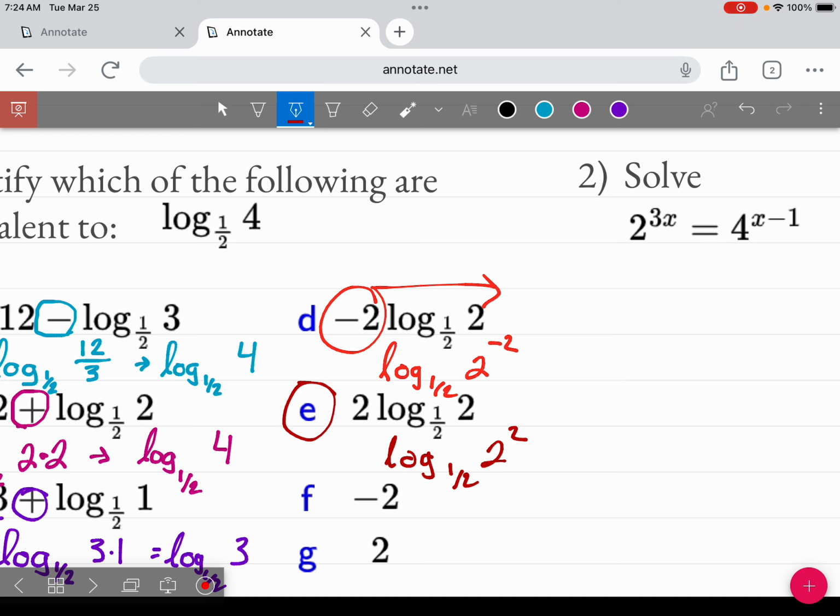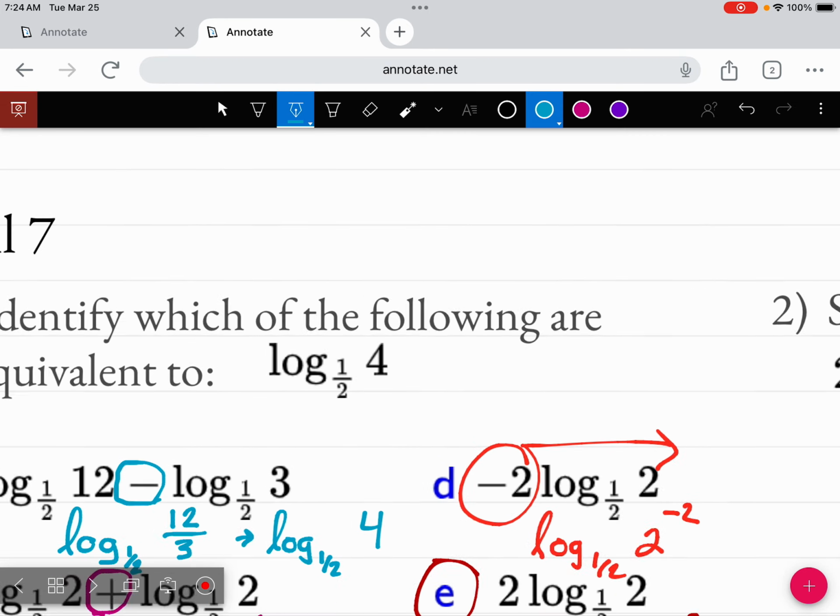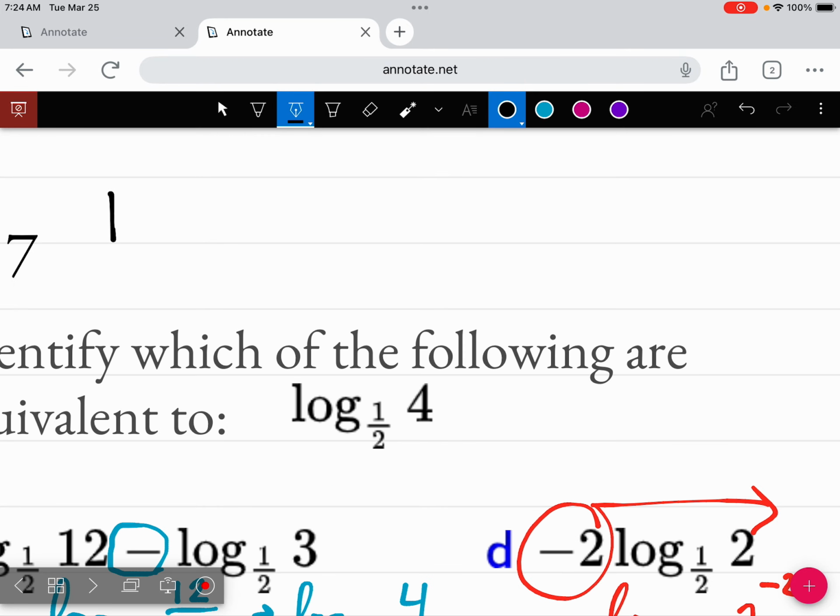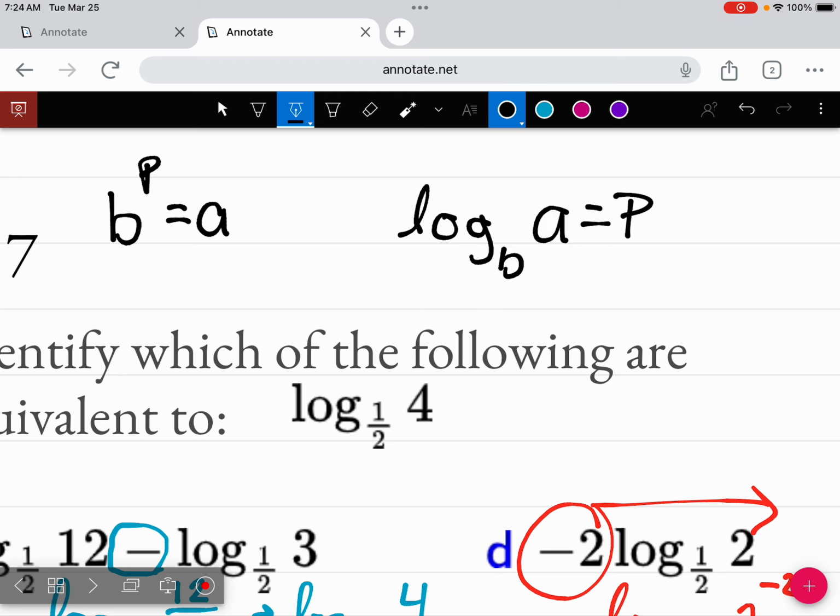Our last two are just numbers, so we're trying to figure this one out. That's when we think about switching it out of log form back to its exponential form. Log base b of a equals p. What would the power be? Yeah, because our base is 1/2.